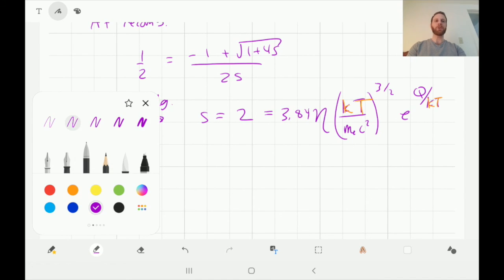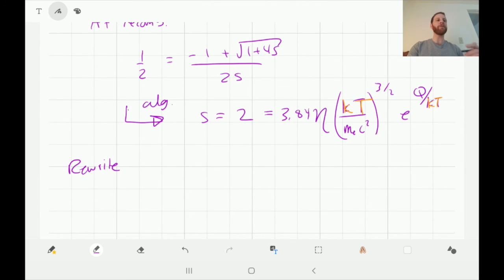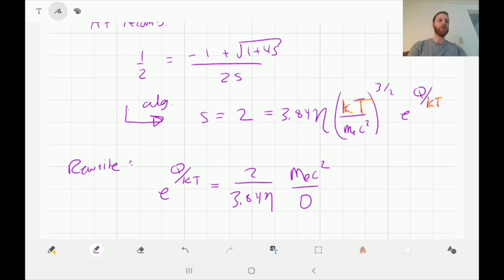So here's what I would ask you to do. Verify that you can solve for e to the Q over kT, and have that on one side. And then on the other side, you'd have 2 divided by 3.84 eta. And then you'd cleverly insert a Q. You'd multiply by some factor of Q and divide by a factor of Q, so that you could write this, and then get rid of the Q by writing it like that.